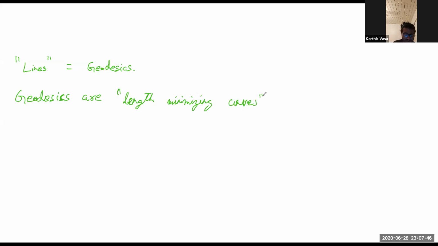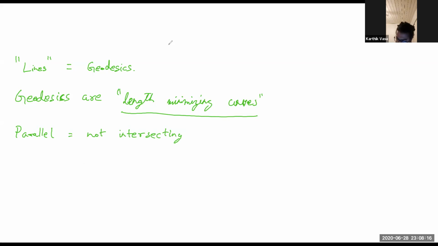They're not exactly these, but you can think of them as length minimizing curves for now. Then again, parallel means not intersecting.